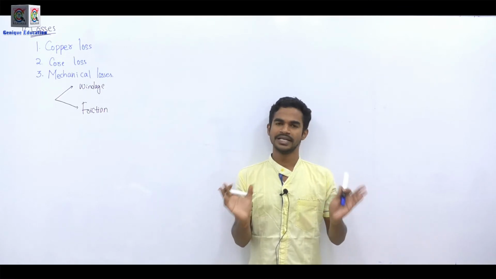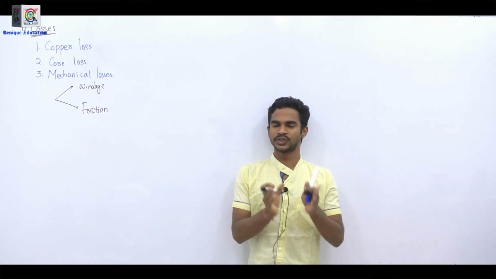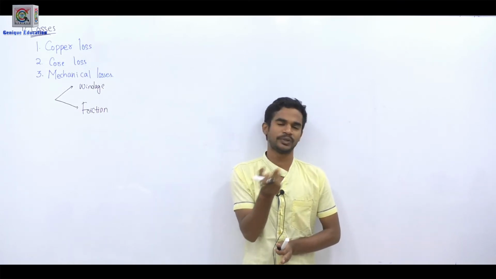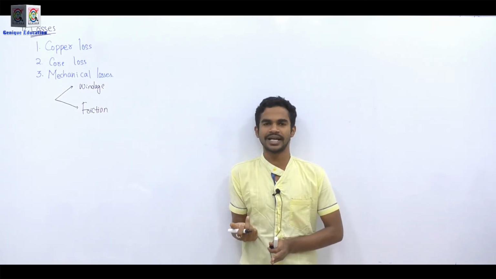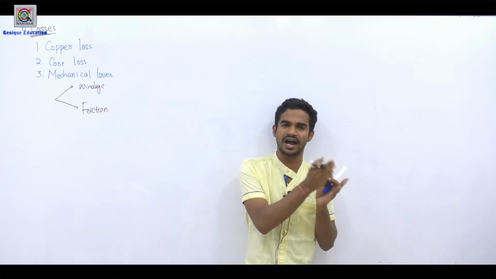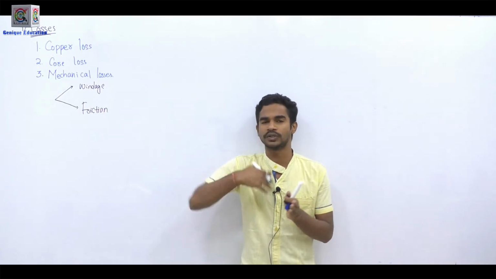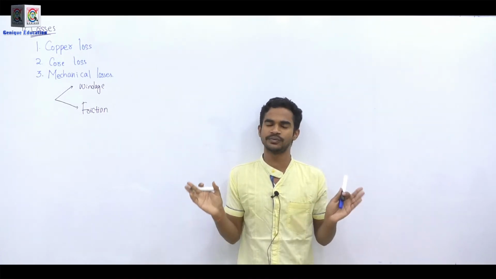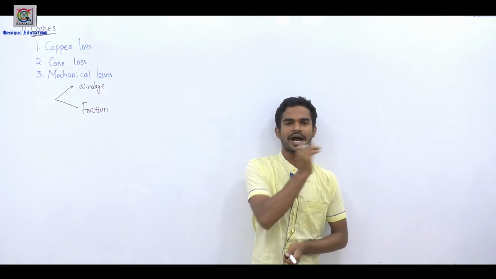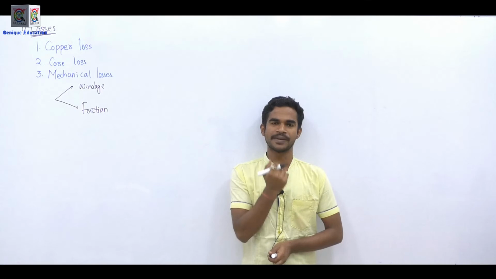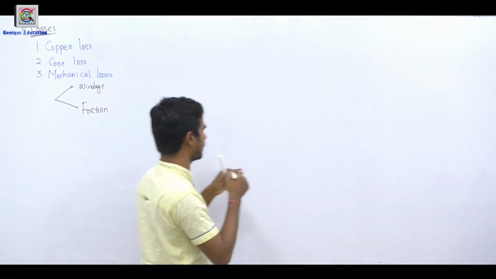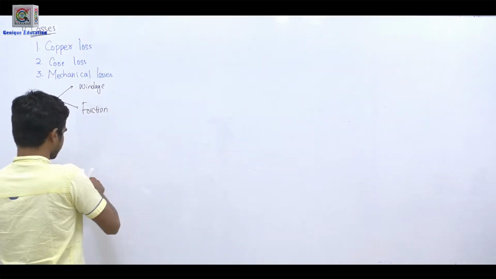There must not be a physical connection between the stator and the rotor, otherwise how will the rotor rotate? It is not at all possible. So there must be a separation between the stator and the rotor. That separation is called the air gap.